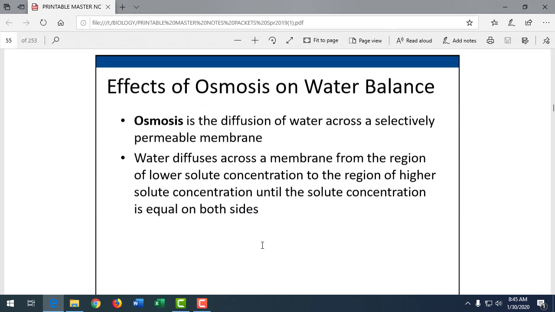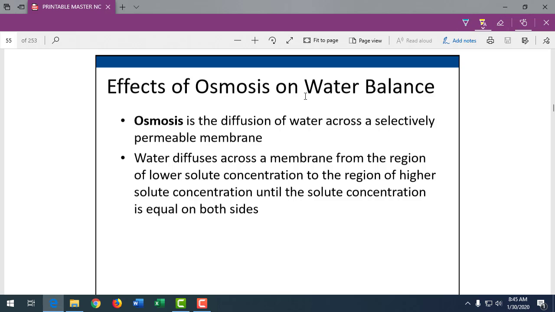Okay, so we have diffusion of particles going back and forth. We call that diffusion. When we're talking about diffusion of water, that's called osmosis. So osmosis is the diffusion of water. Make sure you add a little highlight there. Diffusion of water across a selectively permeable membrane.